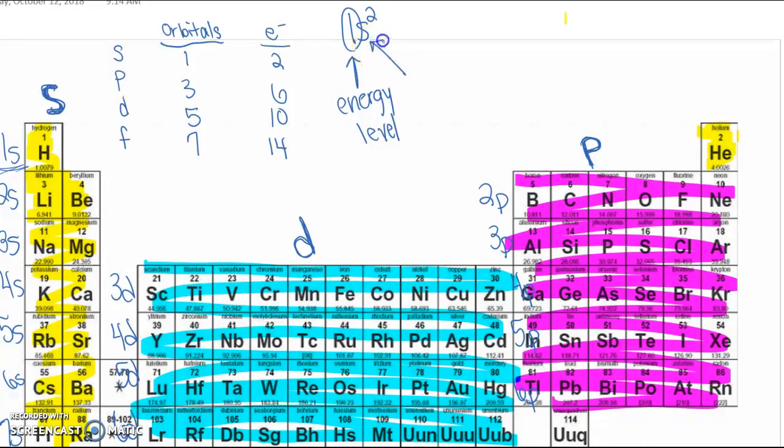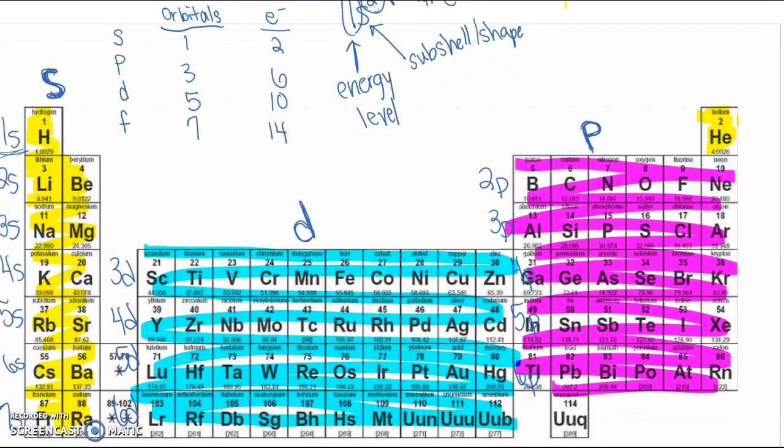And then this s is telling you the subshell, and also the shape, right? Whether it's a sphere or dumbbell or something. And this is telling you the number of electrons in that certain subshell. So if I was to ask you how many electrons are in the first energy level, there can be only a 1s.